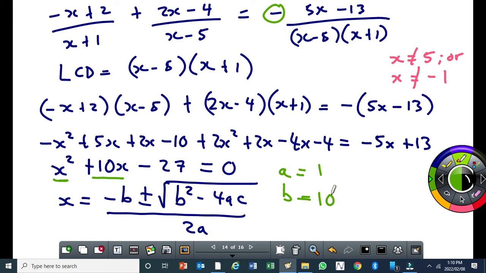Please take note that I'm using the quadratic formula here. It's just extra work for me to solve it. Otherwise, you are supposed to stop here at the standard form, because you are not going to be able to factorize the trinomial. Then c will be equal to the constant term, negative 27.